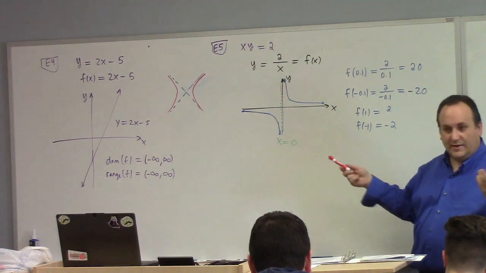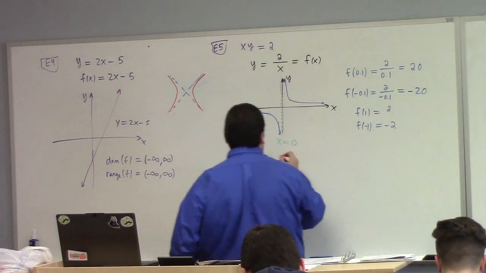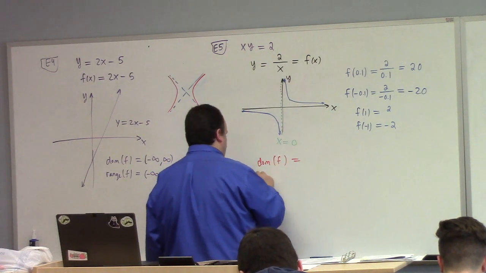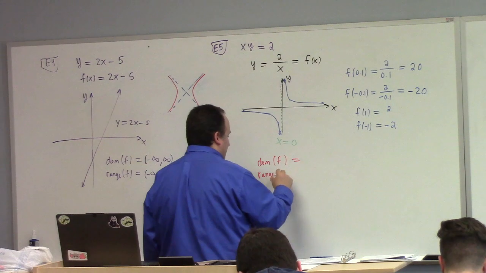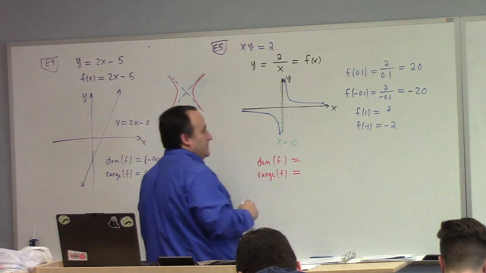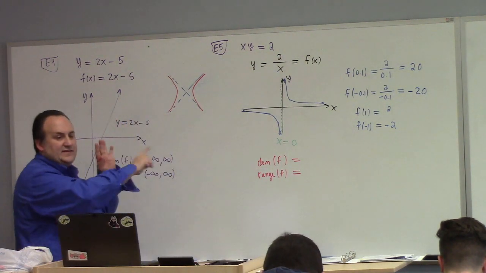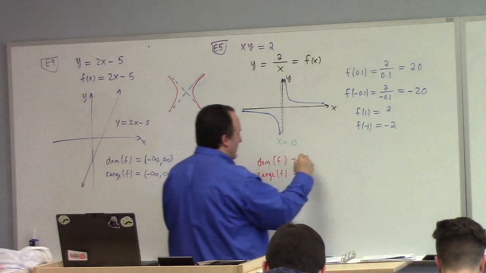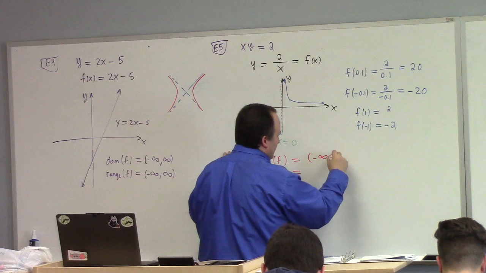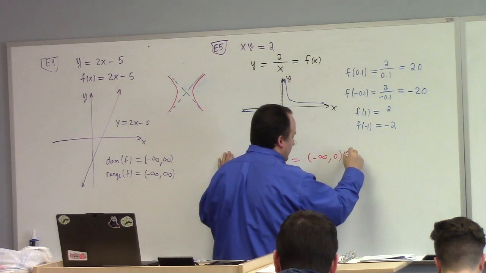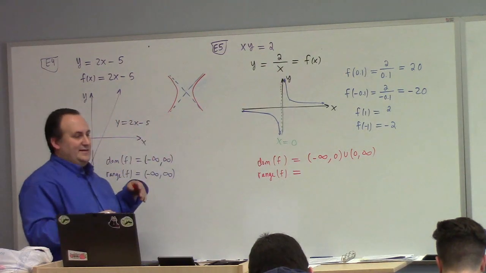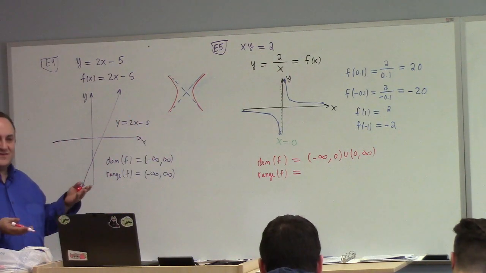All right. So what's the domain and range here? It's kind of funny. I think they're equal again, aren't they? Because the allowed x inputs are what? Everything except for zero. So we do negative infinity to 0, unioned with 0 to infinity. And it's the same story for the range, isn't it?